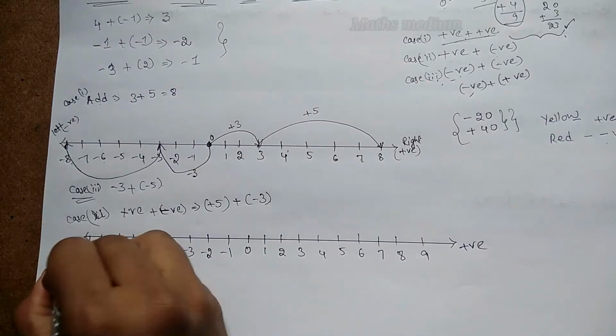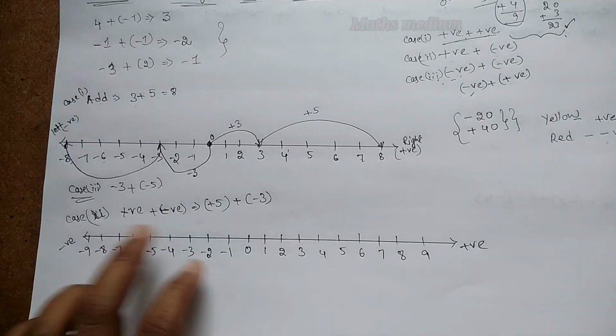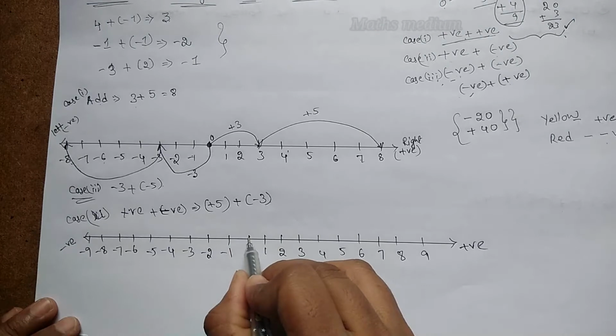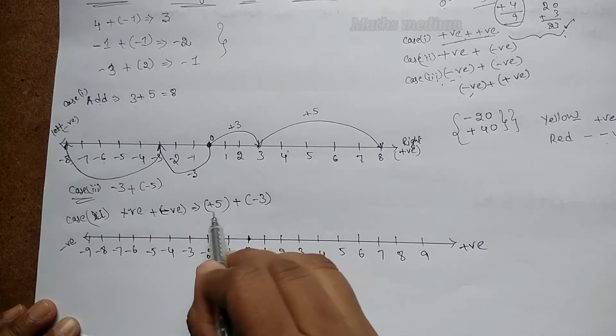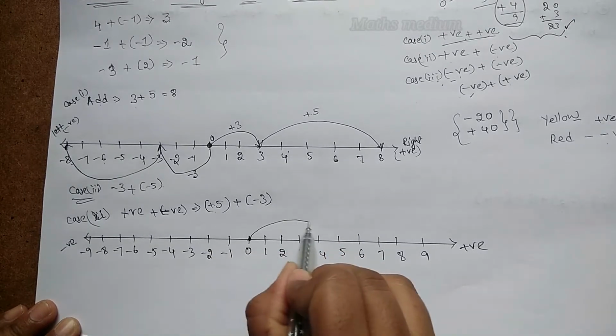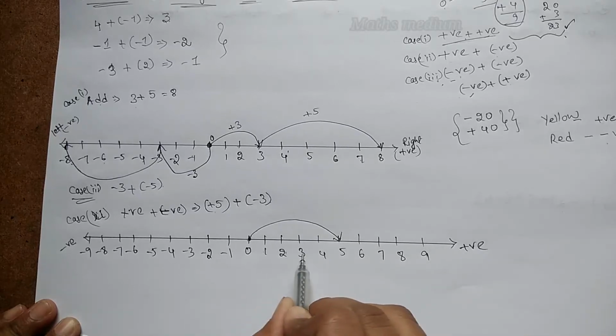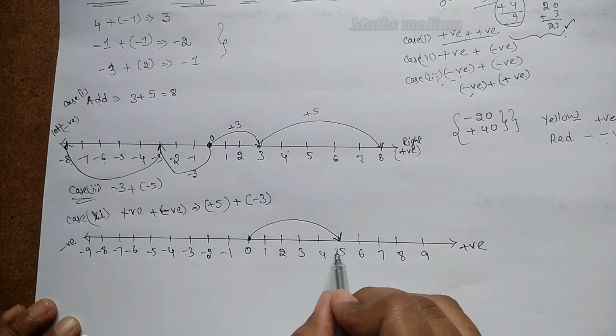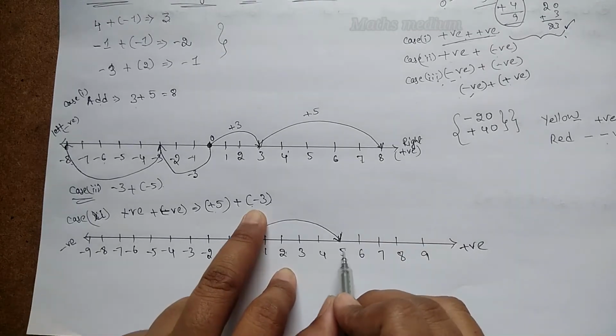So positive and negative. Now we have to add plus 5 and minus 3 at a time. So see here, start with 0. So plus here with a 5: 1, 2, 3, 4, 5, right? So 5. Next minus 3. So we have to add minus 3 to 5.